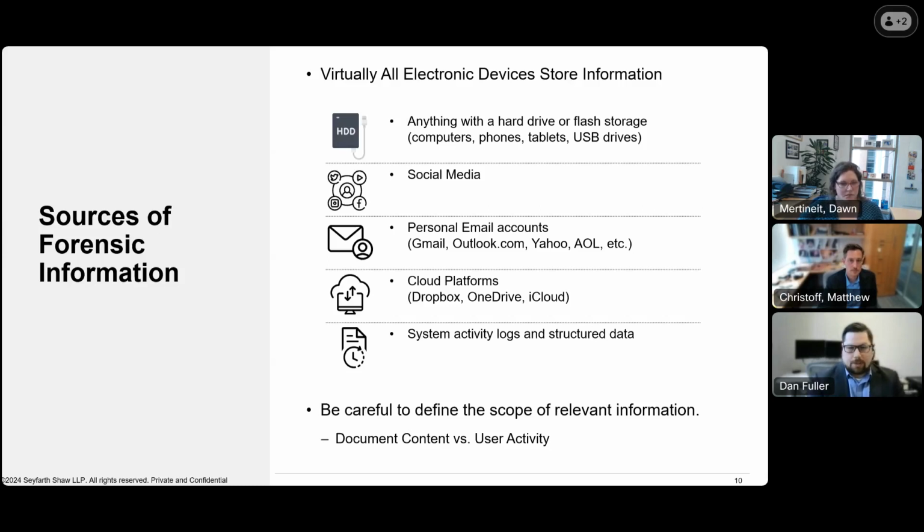Email accounts, personal email accounts themselves, we can go in with the user's credentials, their username and password, remotely from our lab, connect to those email accounts and pull them all down, so we have a complete copy of the account. Or if there are specific targeted folders or time range, we can also limit the collection to that.